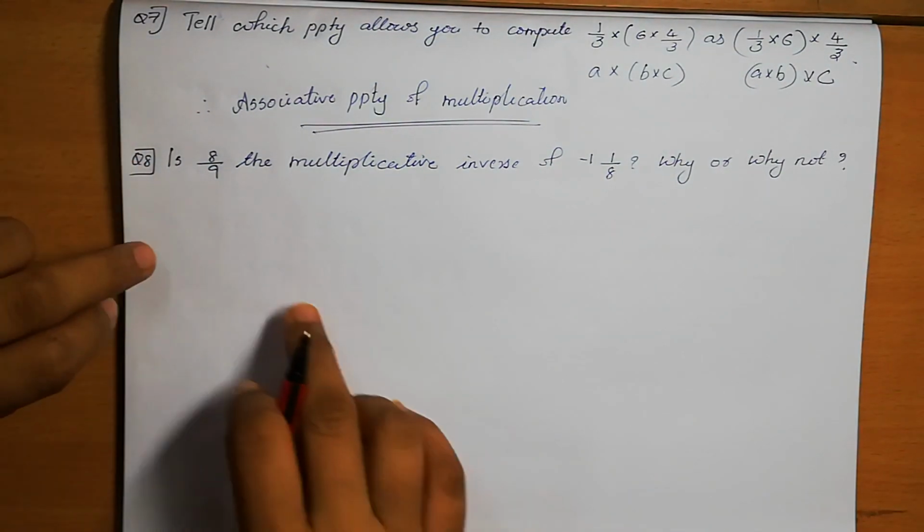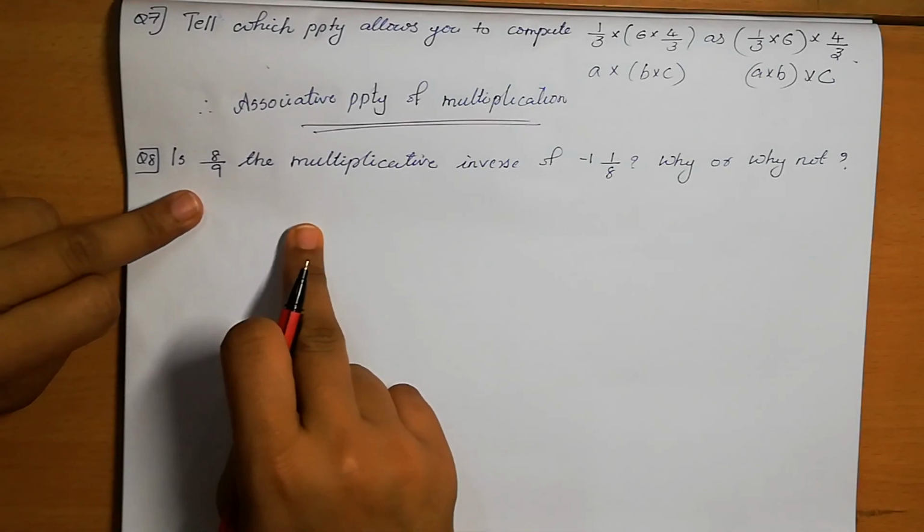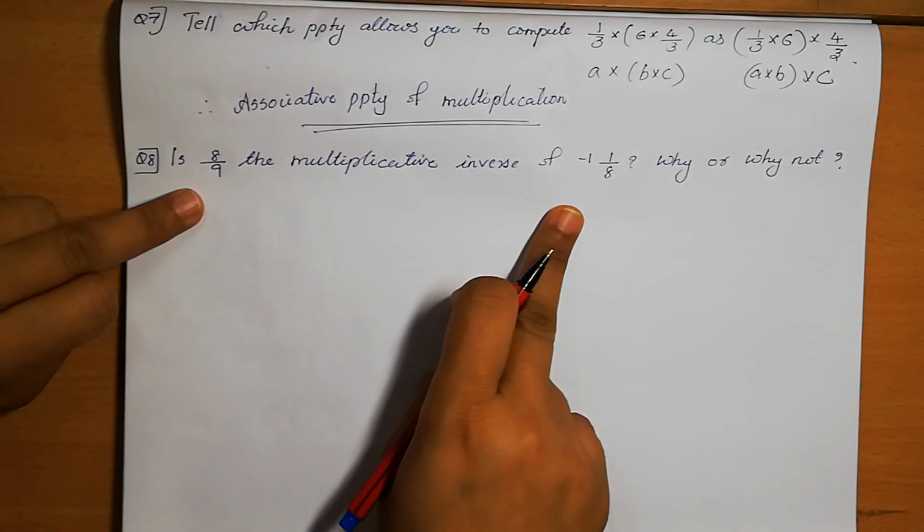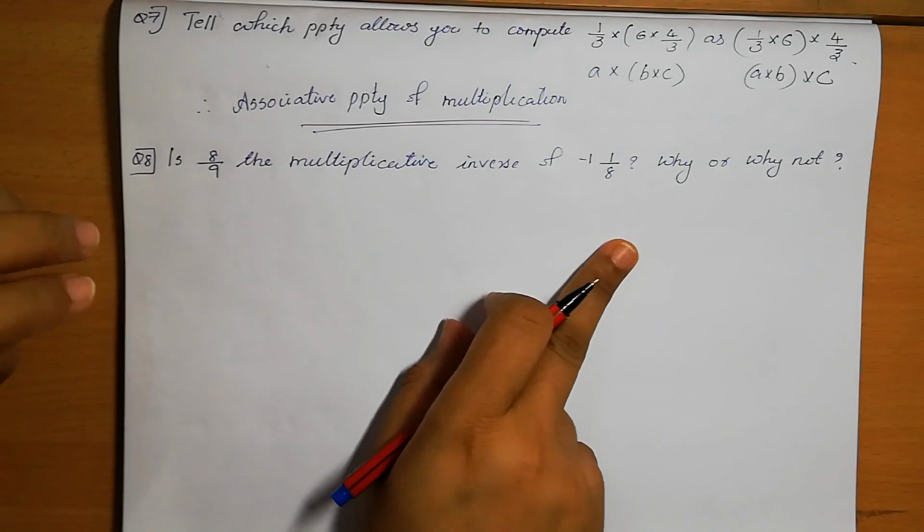This is the answer. Next, is 8 by 9 the multiplicative inverse of minus 1 1 by 8? Why or why not?